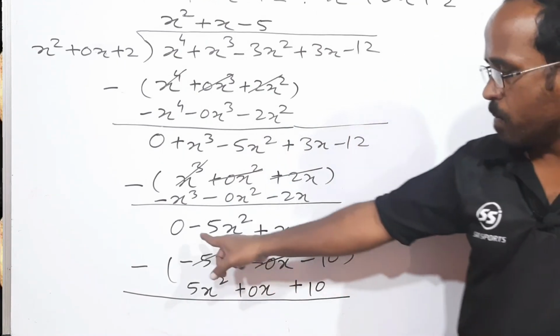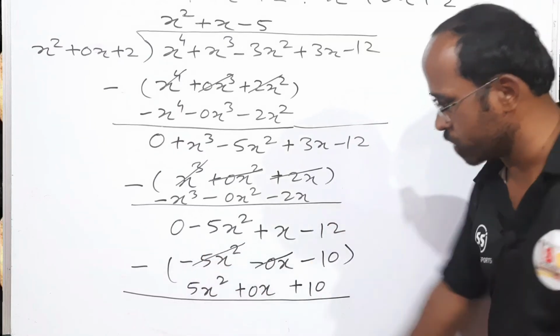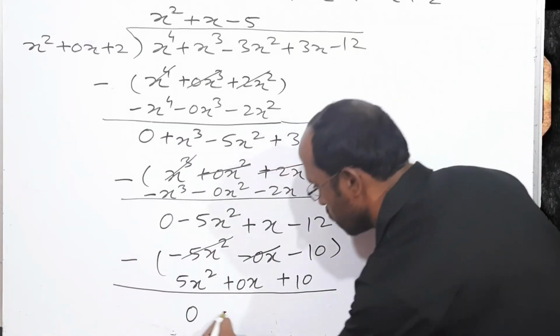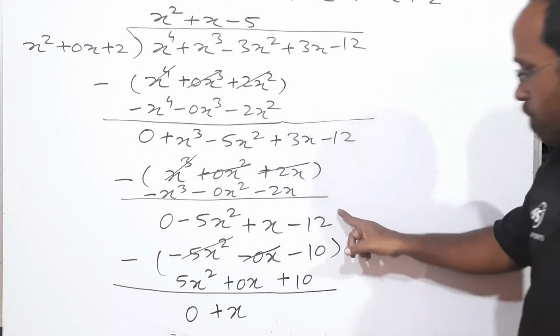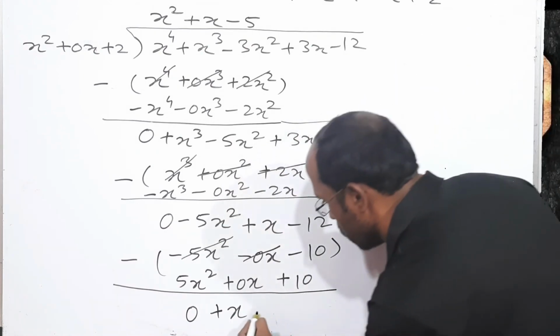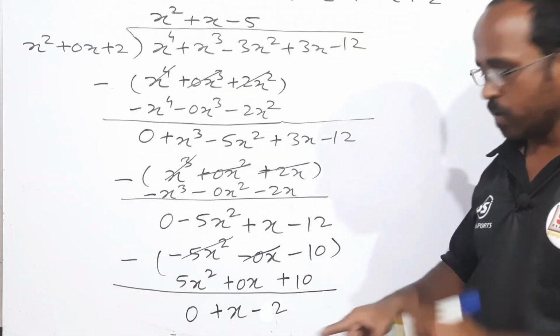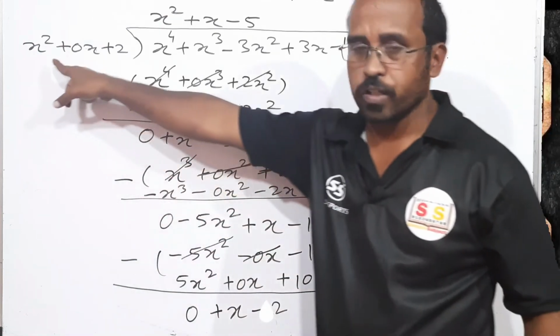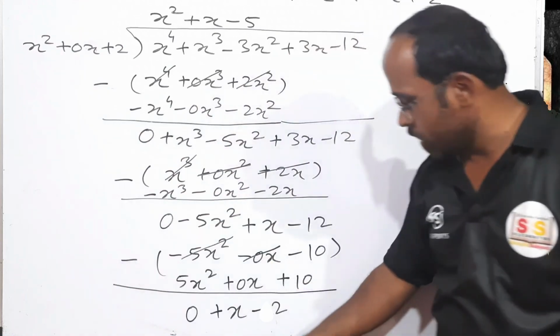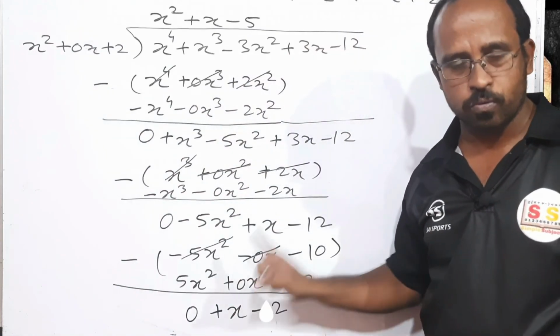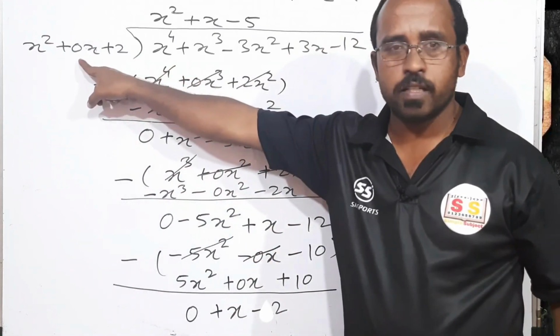Now, minus 5x square plus 5x square, 0, plus x. Minus 12 plus 10, minus 2. Again we have to continue the same process if the degree of this is greater than or equal to the degree of this divisor. The degree of this is 1, x raised to 1. The degree of the divisor is 2.